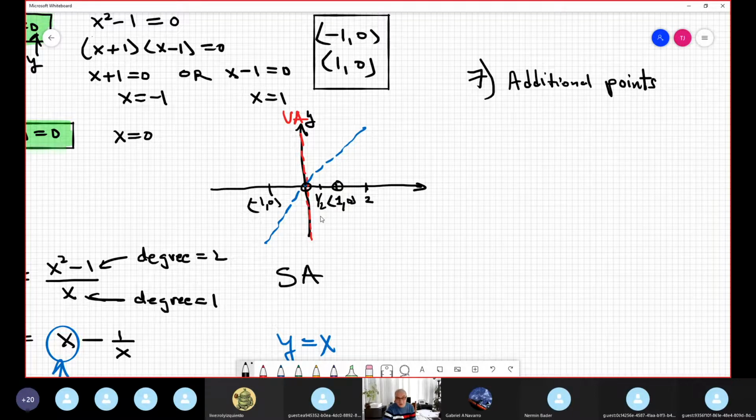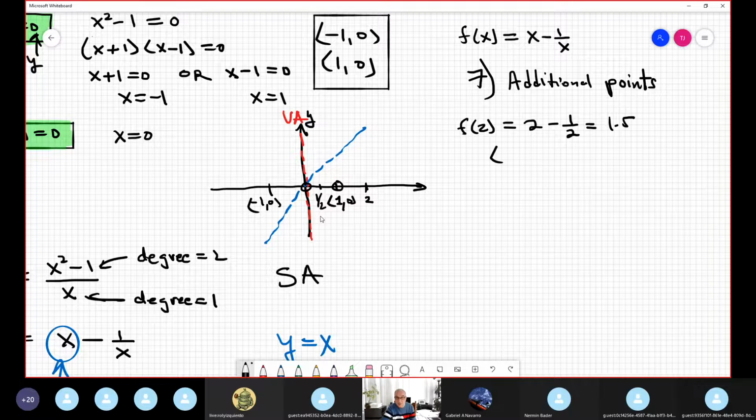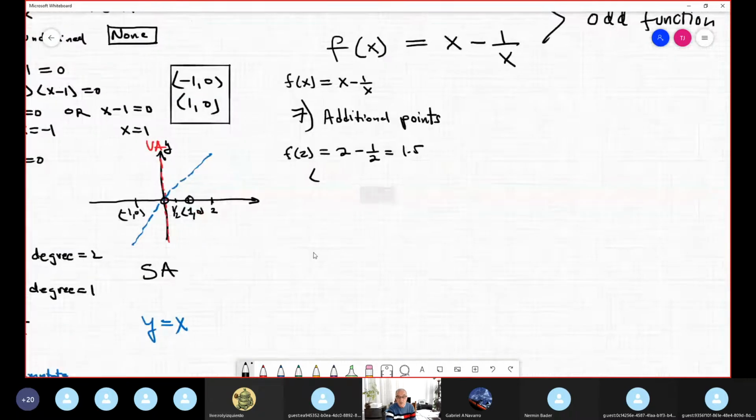Maybe, yeah, 2 is enough, because when you evaluate at negative 2, the answer is the same value but with the opposite sign, because it's an odd function. So for example, you plug in 2 in the original function, which is x minus 1 over x. It's 2 minus 1/2. Okay, it's 1.5. The point is the point. Let me write here.